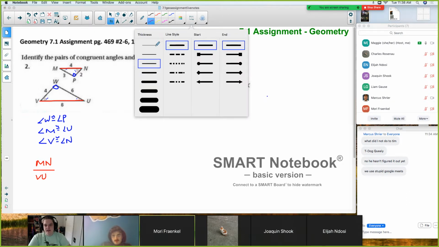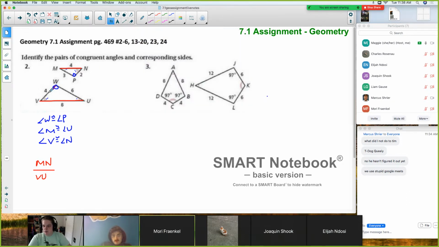The next one, from the angle measure not mentioned to the 2 tick mark, so here are going to have to match up. I put MN on top, so PN over VW.